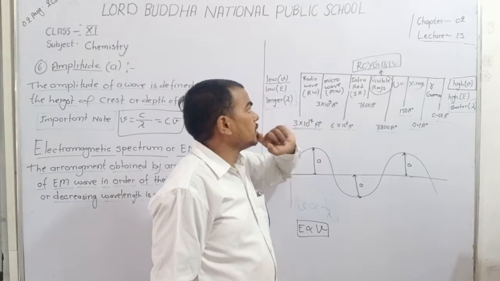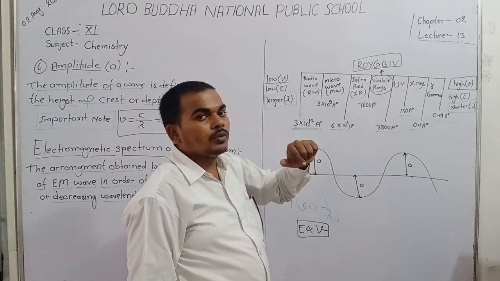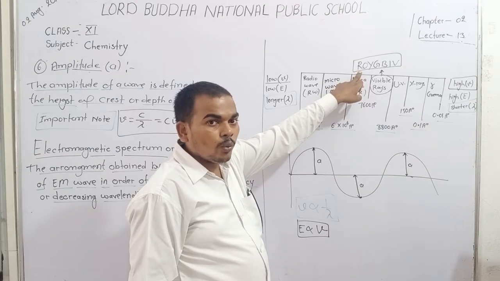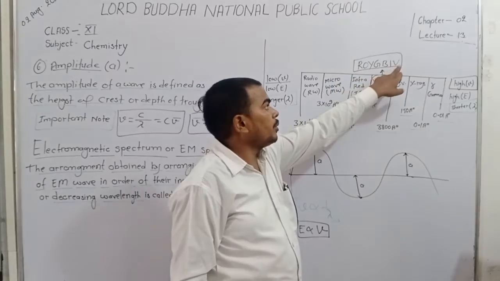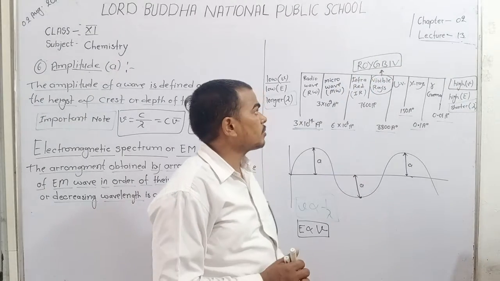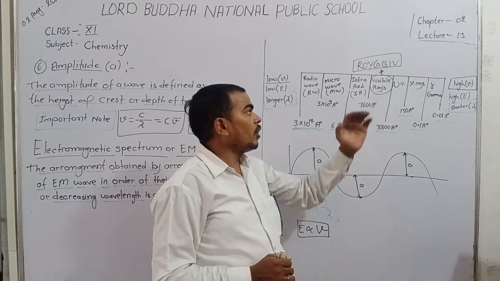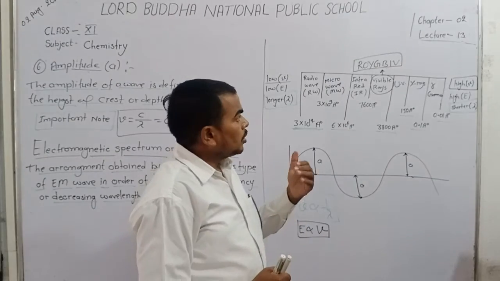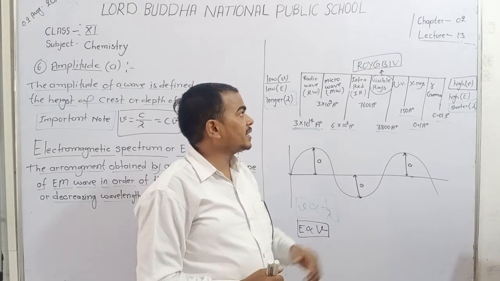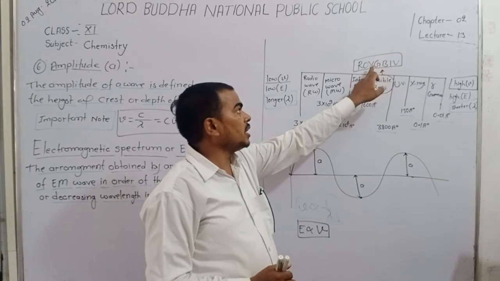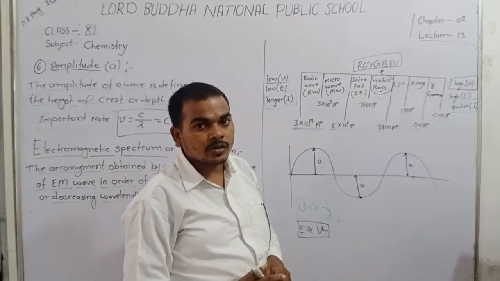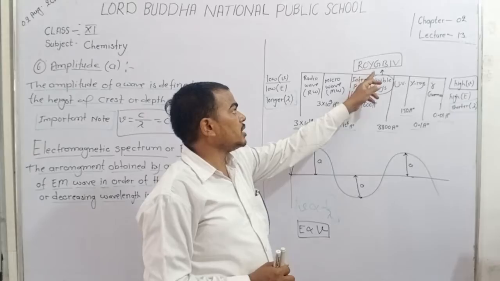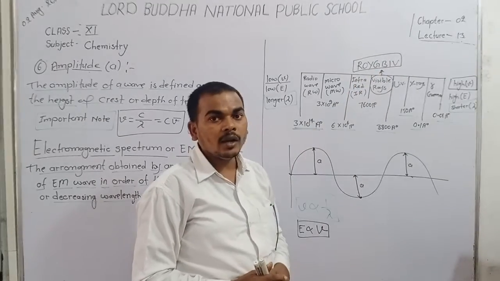So the frequency of red is lower as compared to the frequency of violet. So in the visible region, violet light has the maximum frequency as compared to indigo, blue, green, yellow, orange and red. But red has the highest wavelength as compared to orange, yellow, green, blue, indigo and violet.